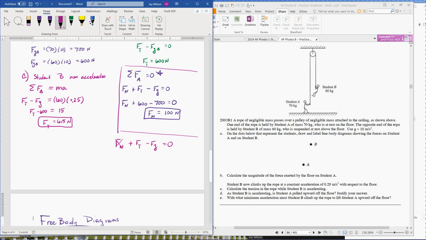And that would mean that now force tension would have to equal force gravity, or if they're unequal, tension would have to be bigger than gravity. So our question is, which one do we actually have here? Well, the student weighs 700, but the force tension is only 615, so no, student A is still on the floor.